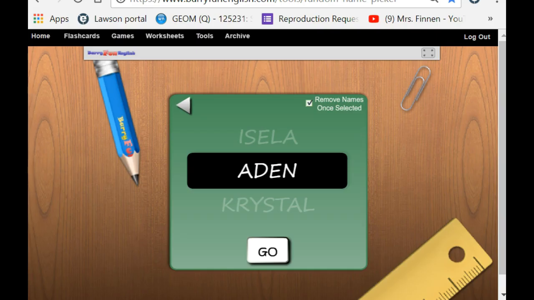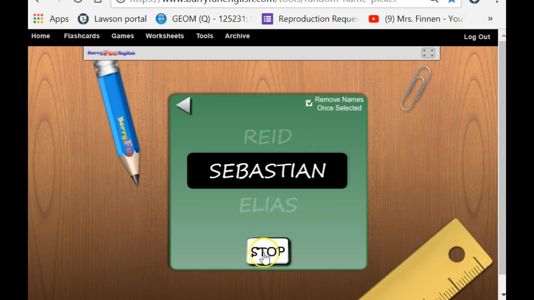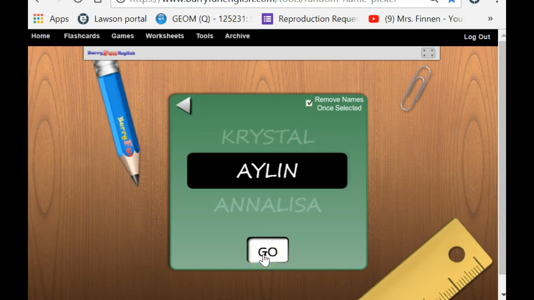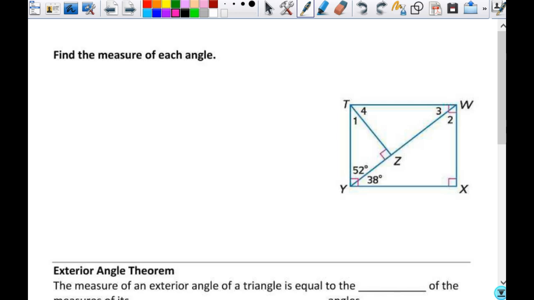So I want to know what I should write down from Eileen. What little equation could I make? So like literally, what do I write down? Okay, so measure of angle 1 plus 52 degrees plus 90 equals 180.